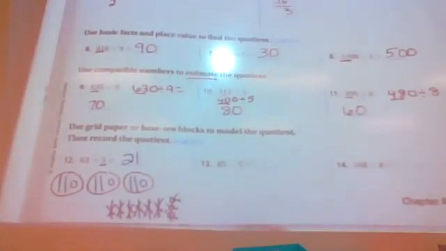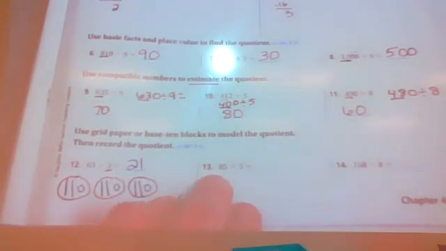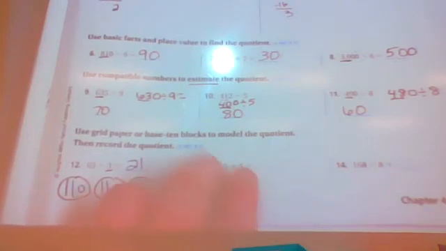If you are not wanting to use base 10 blocks, you don't have to. So let's look at 13. 85 divided by 5. Okay? We can think of how many times can 5 go into 85 without going over?